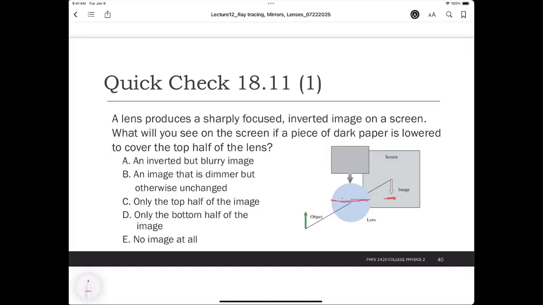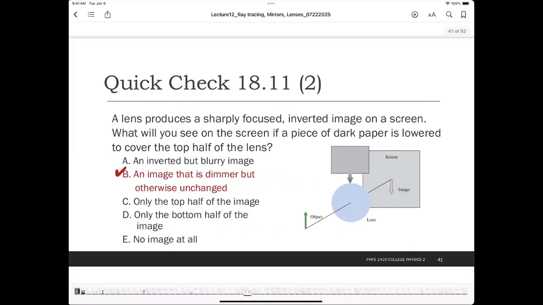Actually, you can see all the light can still go through the lens. So what you get is an image that is dimmer but otherwise unchanged.